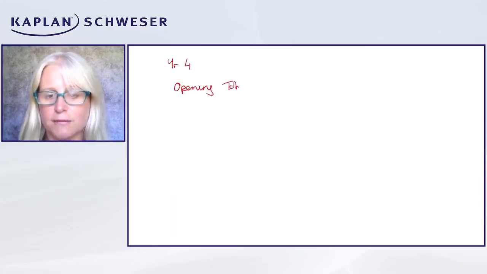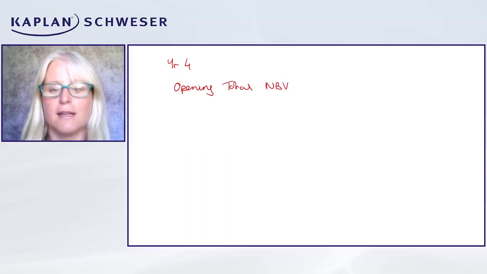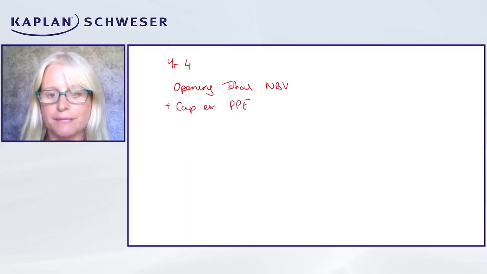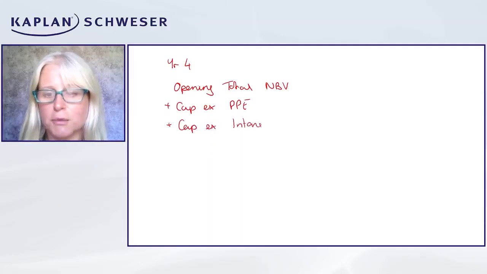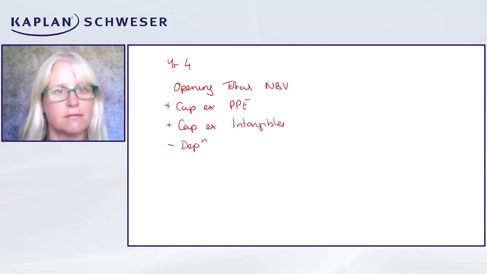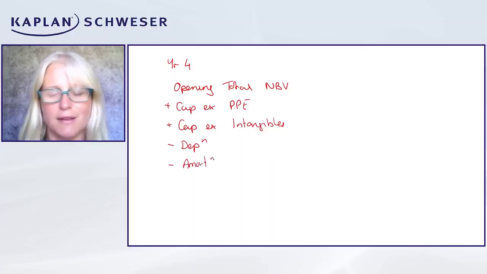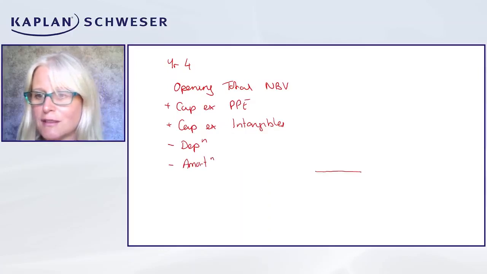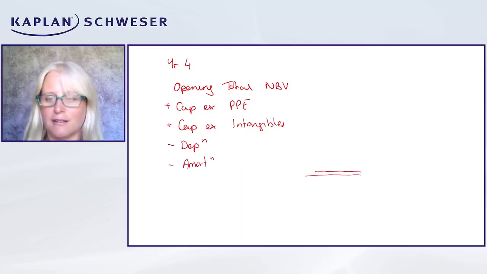We need for year 4 the opening total net book value, the figure that I gave in that little total, plus the capital expenditure on PPE, plus the capital expenditure on intangibles, less the depreciation on PPE, less the amortization on the intangibles, and that gives you the figure that you are after.